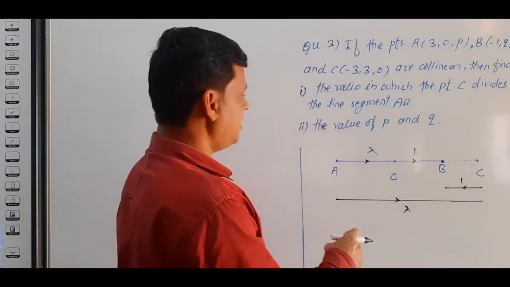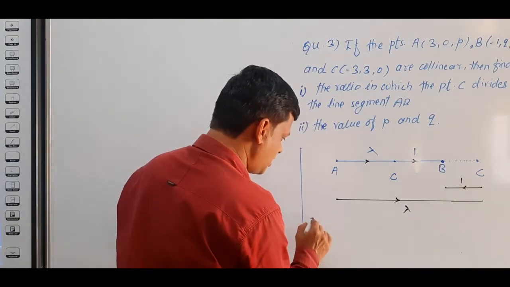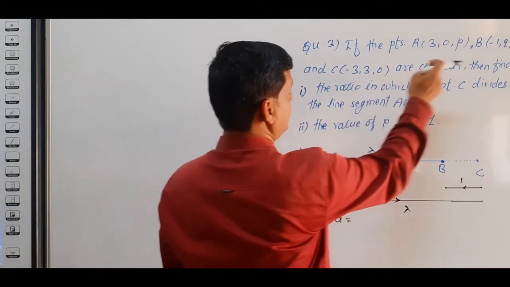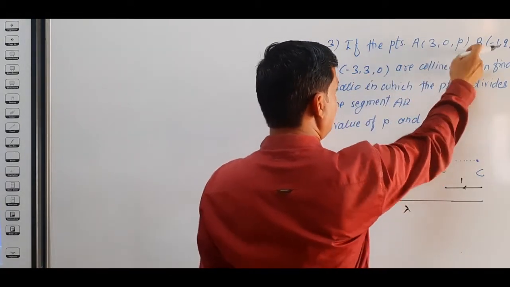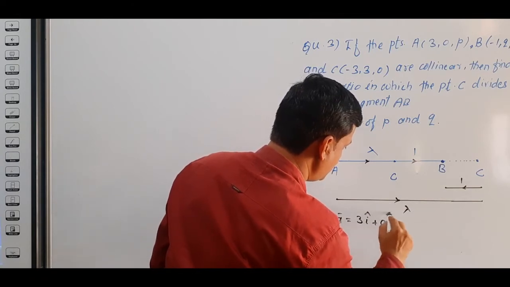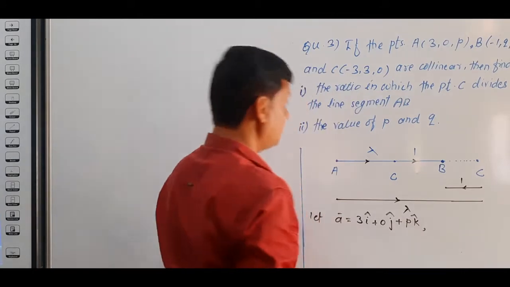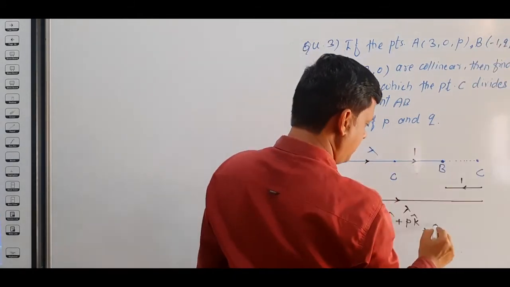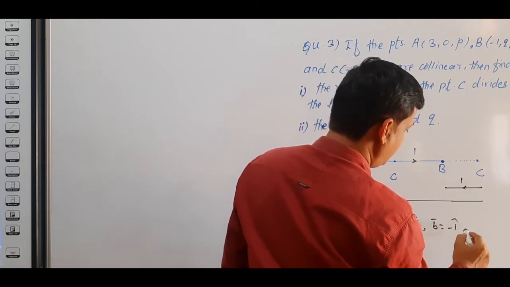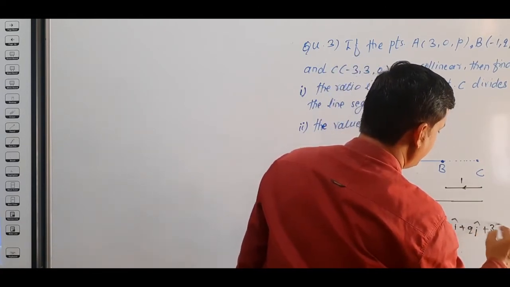So we first consider the position vectors of points A, B, C. So write in solution, let A bar equal, so the coordinate of A is 3, 0, P, so we write A bar equals 3i plus 0j plus pk. Position vector of B, we consider B bar equals minus i plus qj plus 3k.